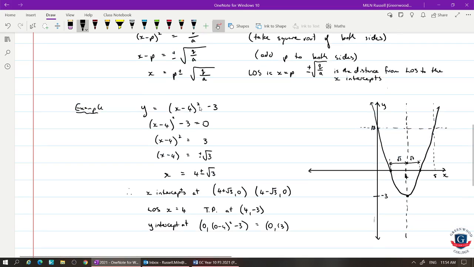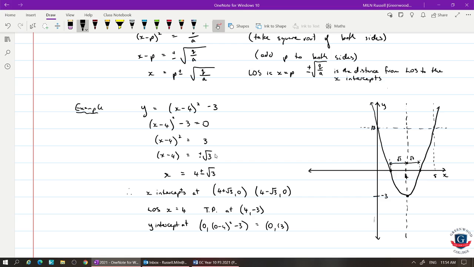If y equals (x take 4) all squared take 3, and we want to find the x-intercepts, or the roots, we substitute 0 in for y, because when y is 0, that's where we find the corresponding points. Add 3 to both sides.